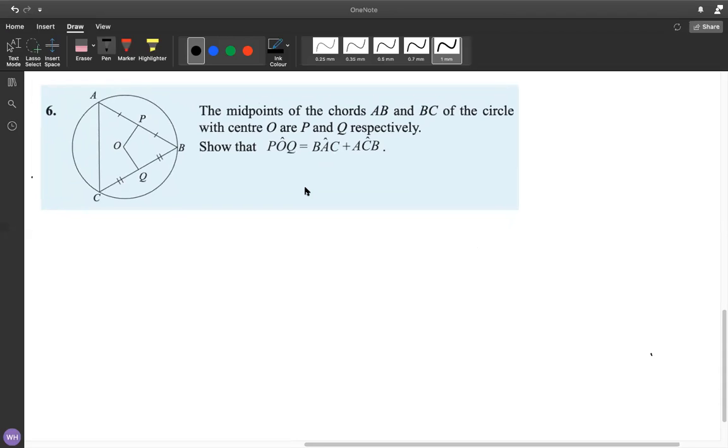So you have to show that the magnitude of the angle POQ is equal to the sum of angles BAC and ACB. Okay, go through it quickly. I'll give you a few minutes.